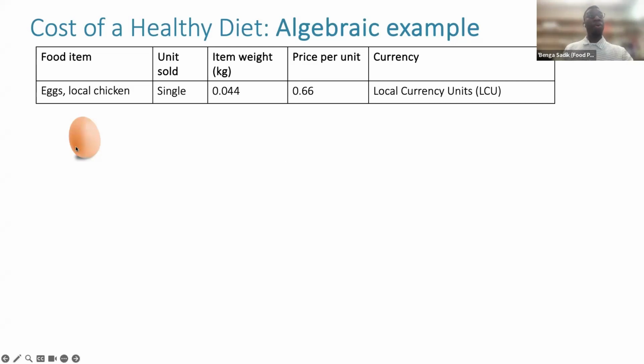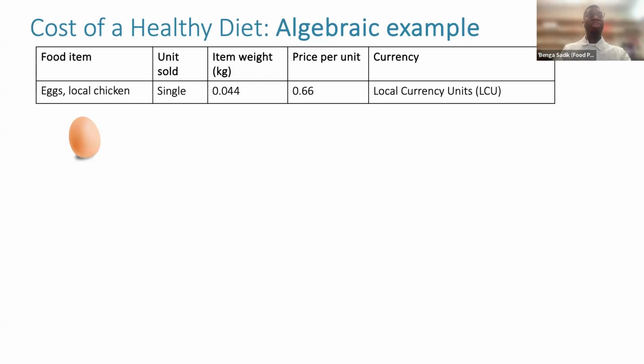If eggs are sold as 1 unit, then 1 unit of egg is purchased for 0.66 currency units. I'm just going to say dollars because that's where I am. So the information you get from the raw price data is the price per unit of whatever food item you bought. You also get the item weight, so you weigh the food item itself.